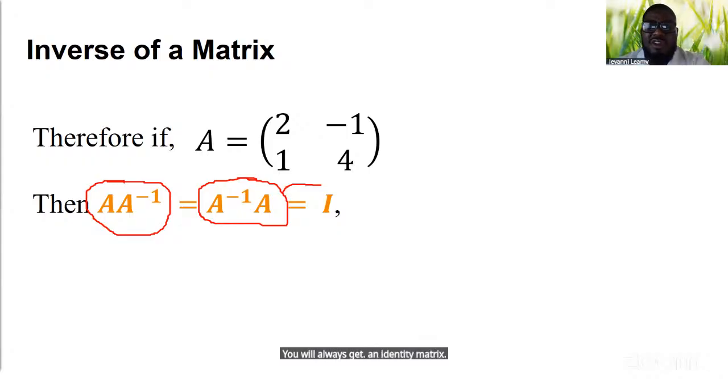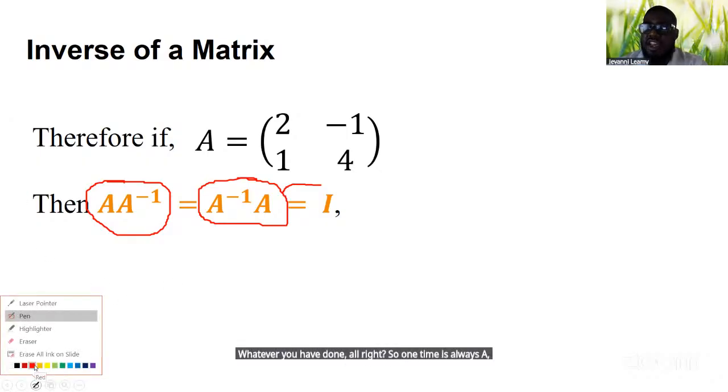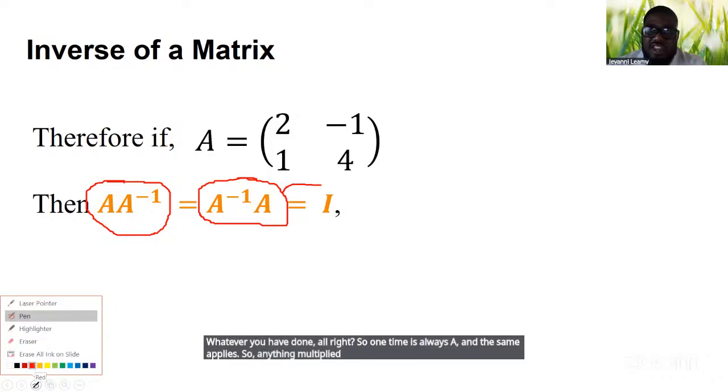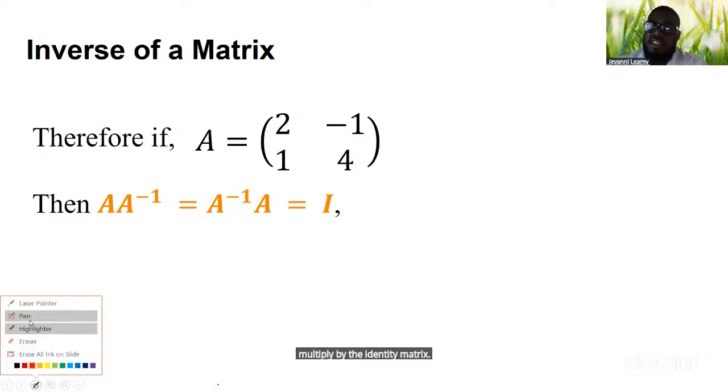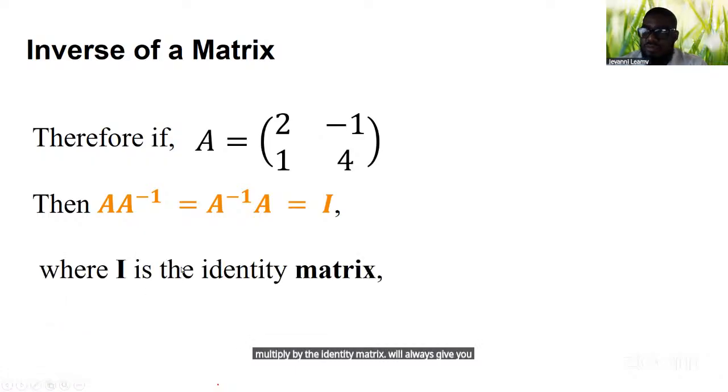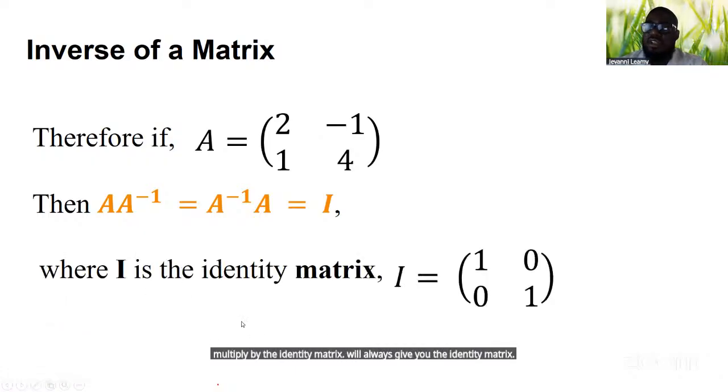All right? In other words, it's like saying 1 times A gives you back whatever you would have gotten. So 1 times A is always A, and the same applies. So any matrix multiplied by the identity matrix will always give you the matrix back. So again, this is a 2x2 identity matrix.